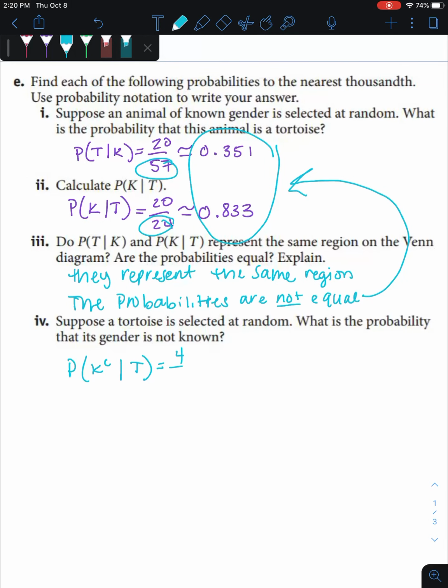So now I'm going to write this equals 4 over 24, and I simplify that to get a decimal, and I get about 0.167.